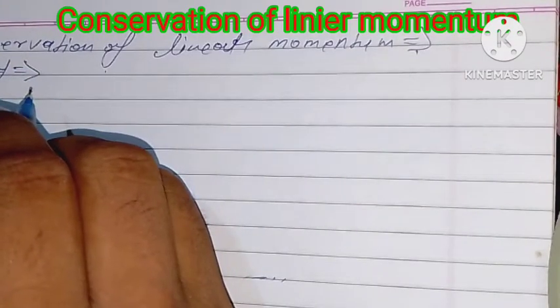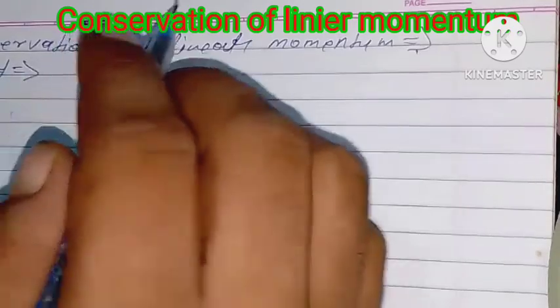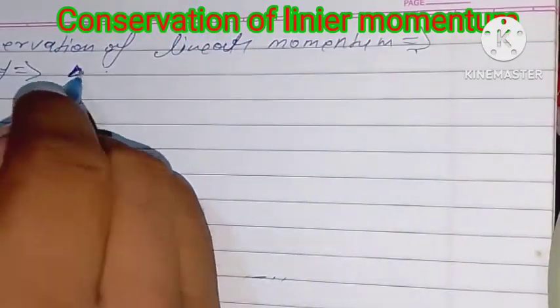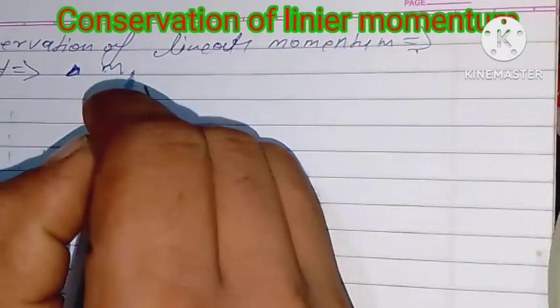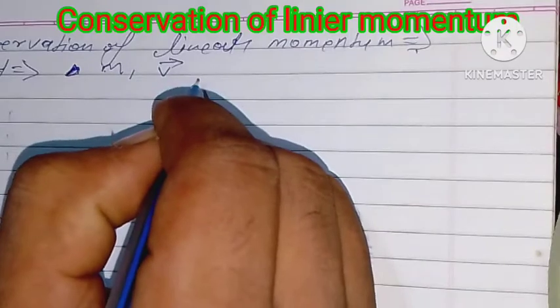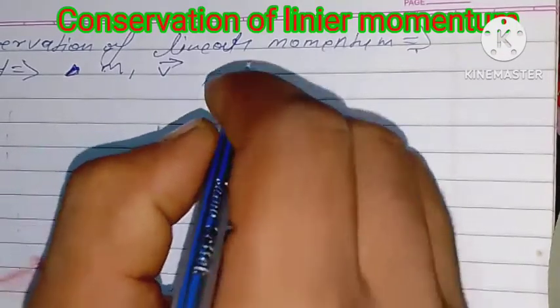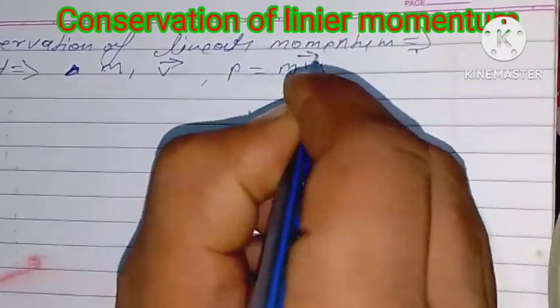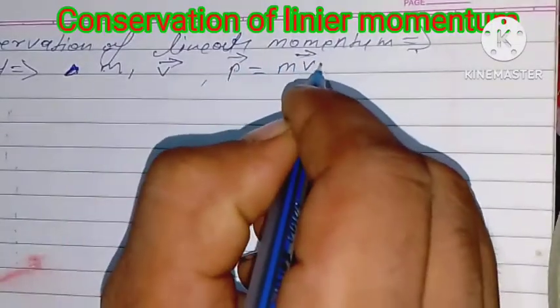Using Newton's second law of motion, if a particle of mass m is moving with velocity vector v, its linear momentum vector p equals m vector v.